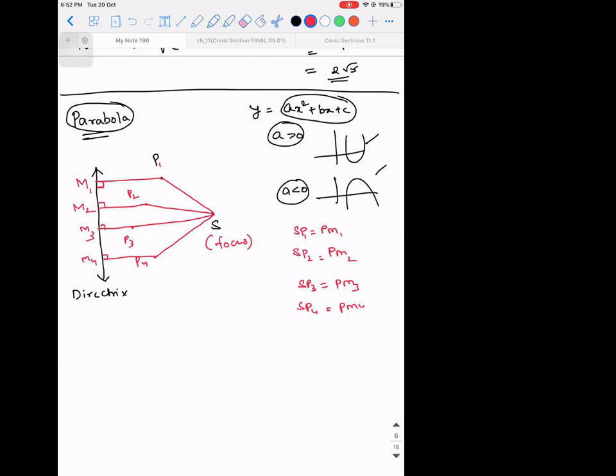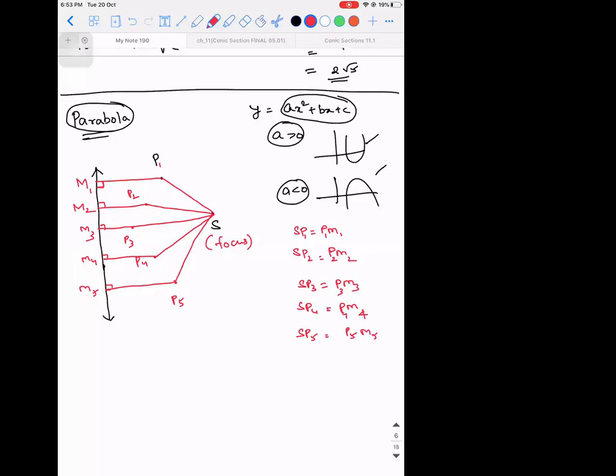I'll write one more point, then you will have clarity about it. If I take another point P5, then SP5 should be equal to P5M5, just like P1M1, P2M2, P3M3, P4M4.